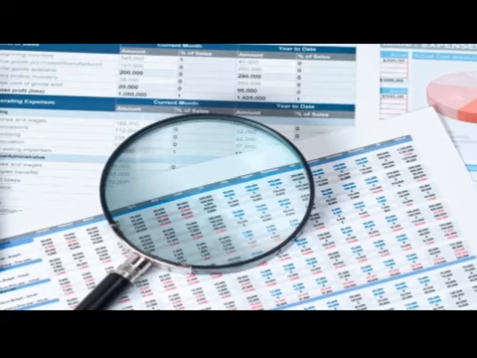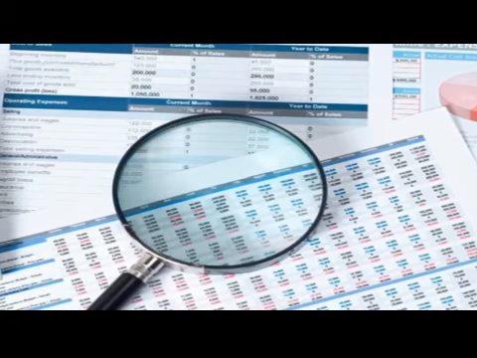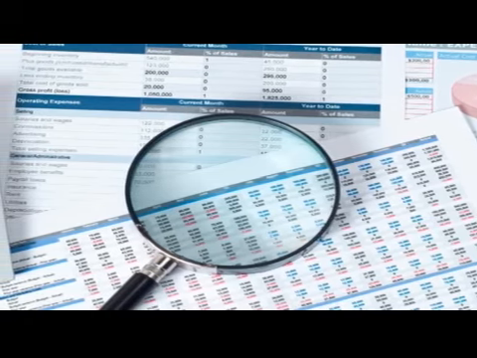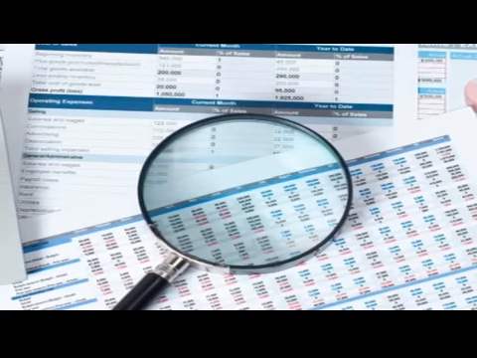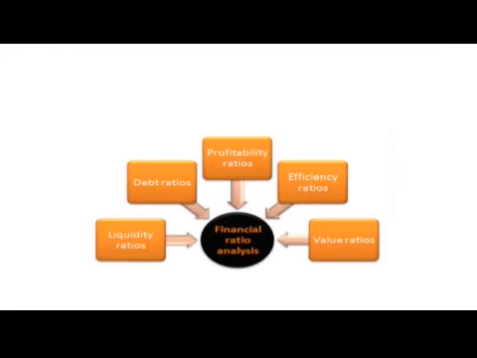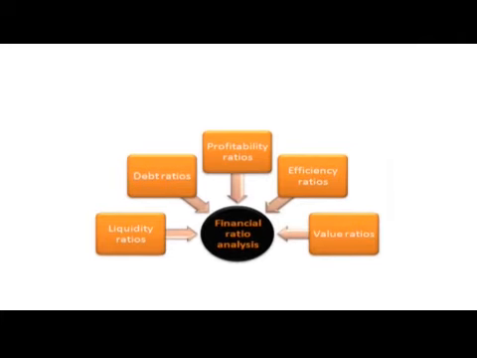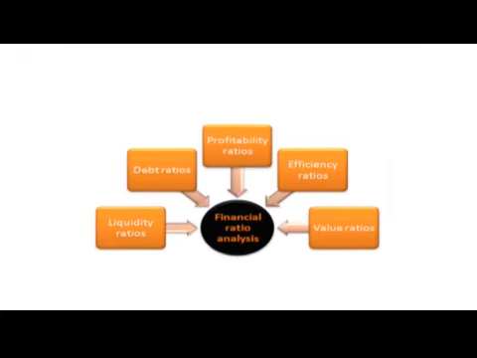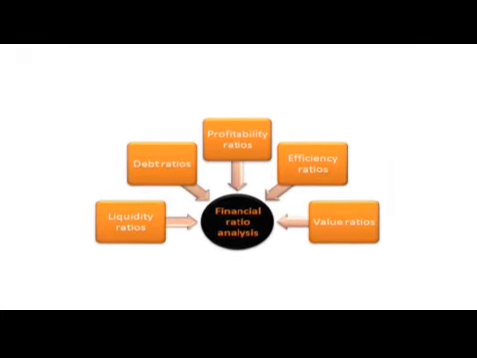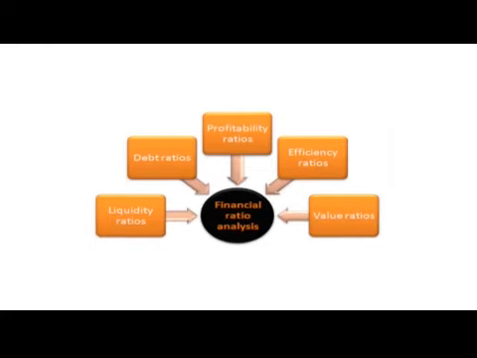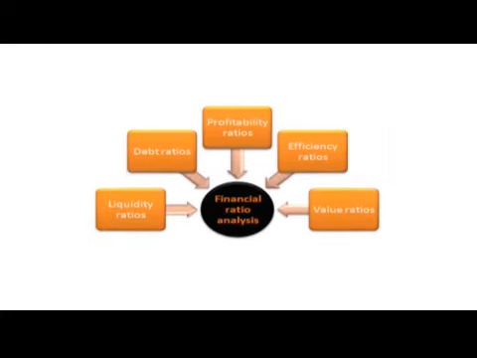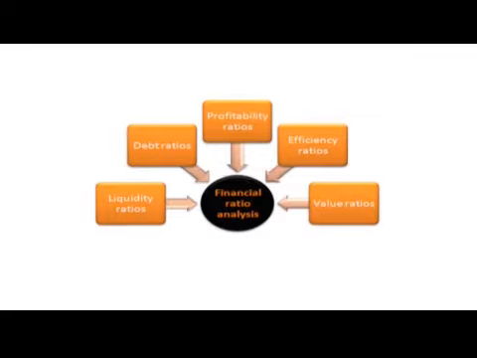The figures of the current year can be compared with the previous year's figures. They can also be compared with the figures of other similar organizations. Ratio analysis can be used to analyze the financial statements. Ratio analysis helps to understand the profitability, liquidity and solvency position of the business.